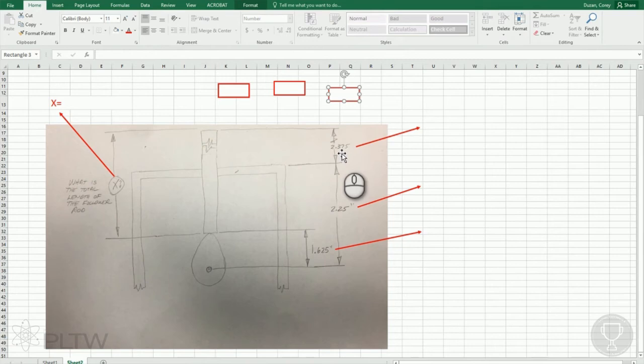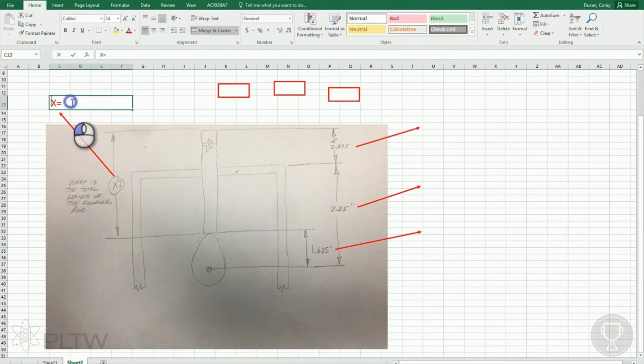We also know that the center of the axle to the top of the box is 2.25. We also know that this distance is 1.625. So if we took 2.25 minus 1.625 and then added the 2.375, the total length of the follower rod would be 3 inches. So that's the other part that you have to know.